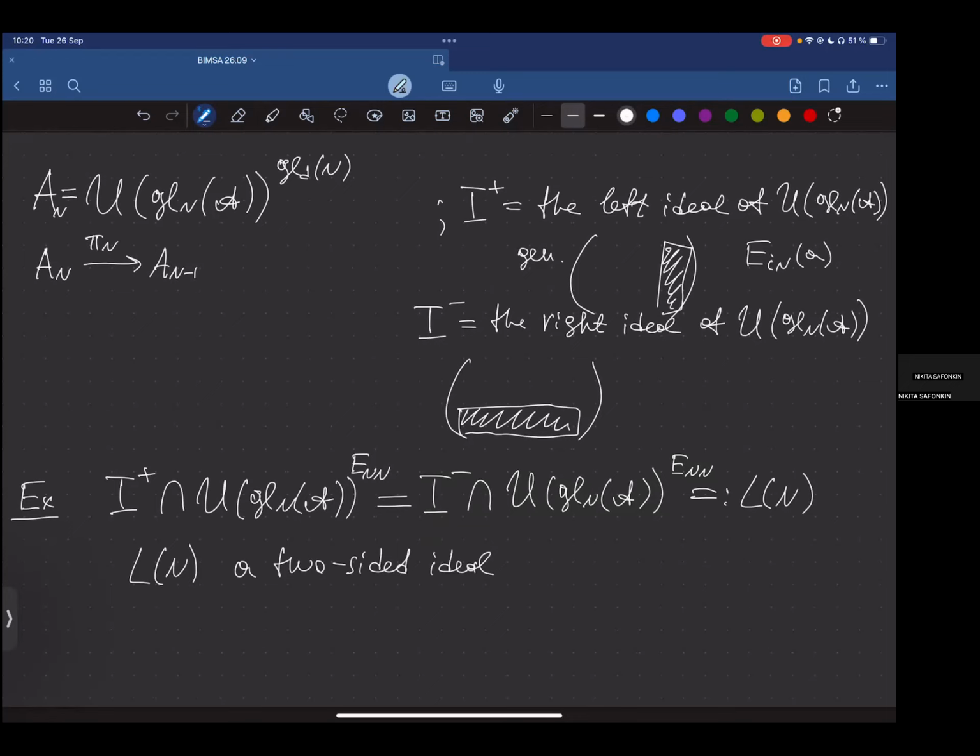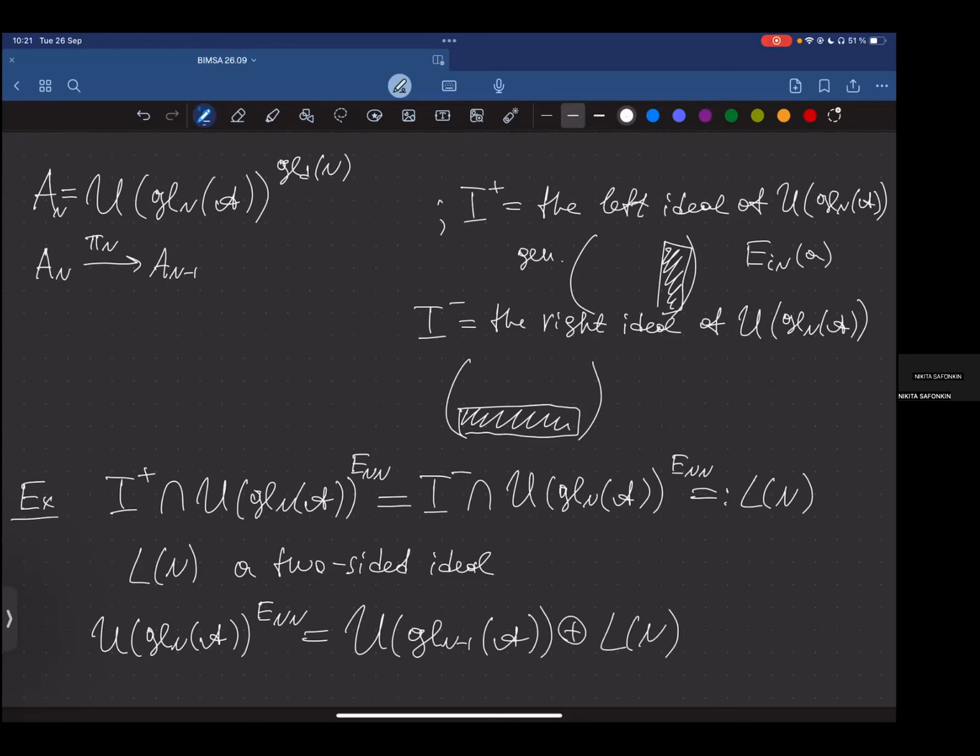And this two-sided ideal is going to help us to form these projections. Namely, it's not very difficult to check that this algebra itself can be split in the direct sum, just as vector spaces, of these two vector spaces.